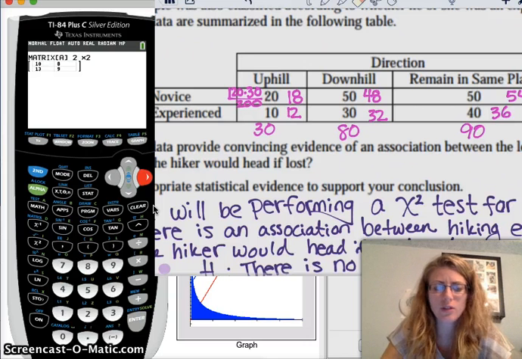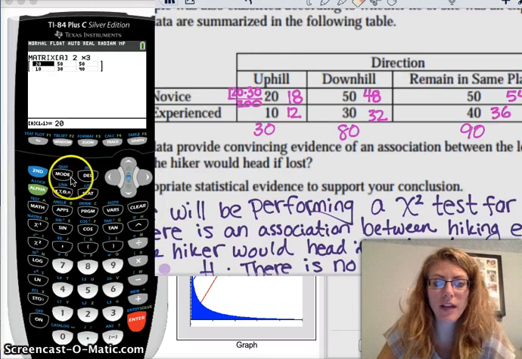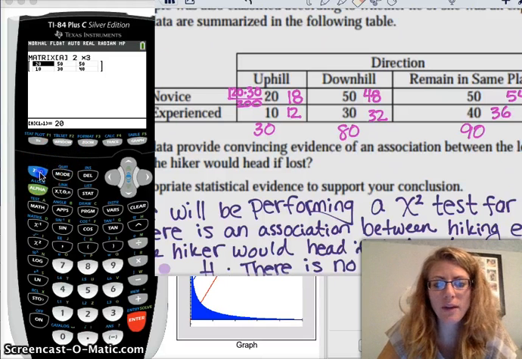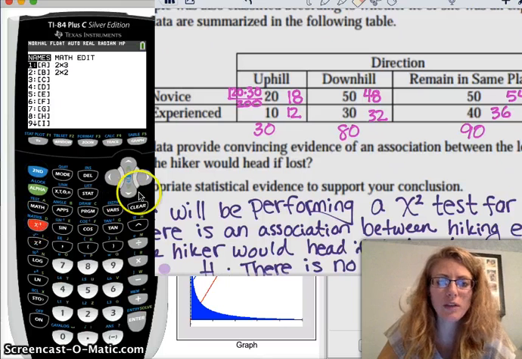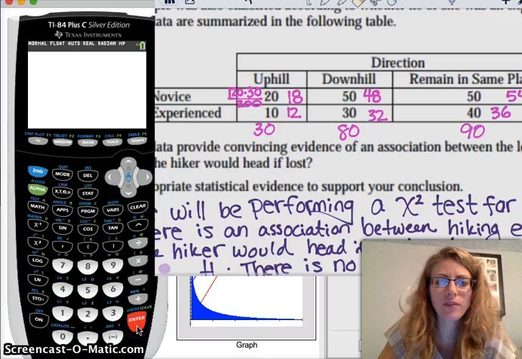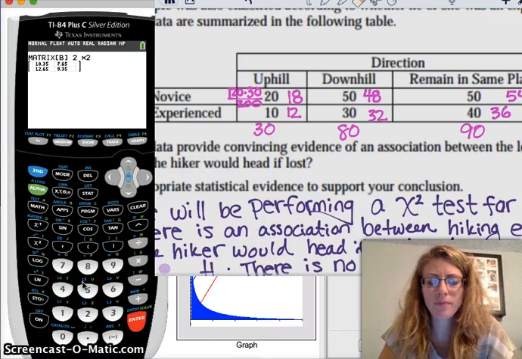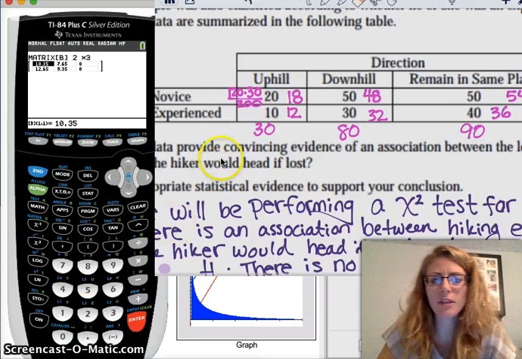Okay, so then I go 2 by 3, and then I want to enter all of that data. Those are all my observed counts. So then I need to do that again for my expected. So then I'm going to go to matrix. I'm going to edit matrix B, which is also 2 by 3. And then I'm just going to enter all of my expected values.